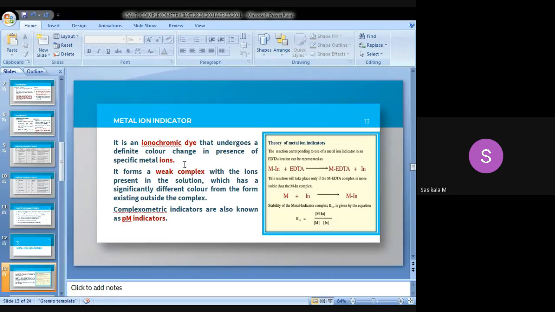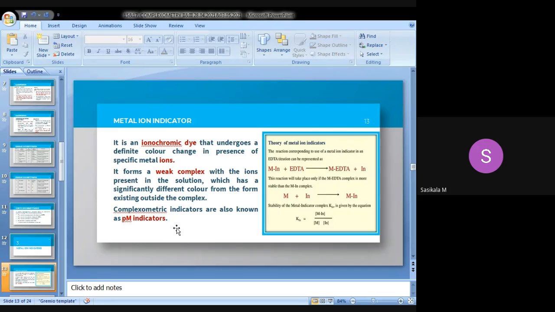Complexometric indicators are otherwise known as pM indicators, metallochromic indicators, where pM is the negative log of the metal ion concentration. So they are called pM indicators.